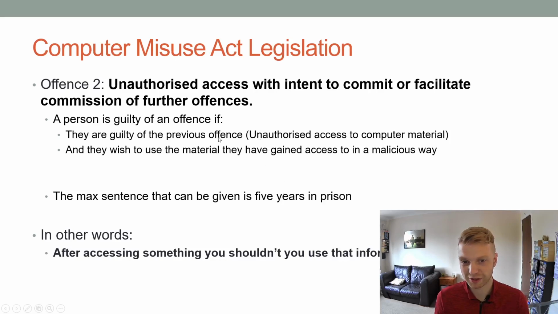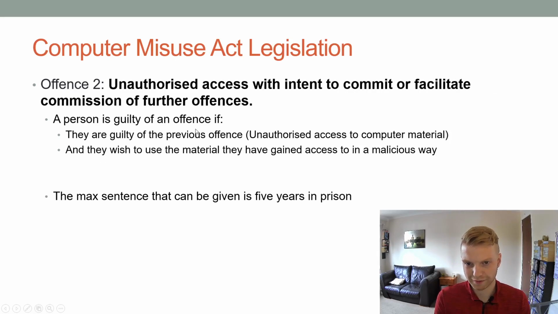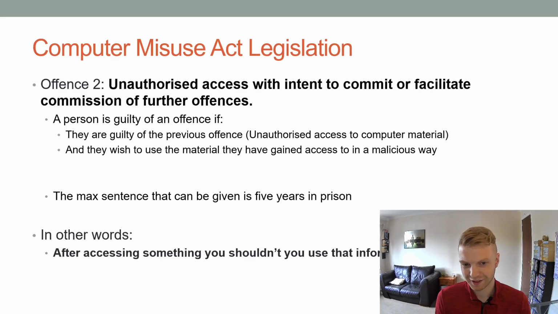You need to be guilty of offence 1 before you're guilty of offence 2. There are different layers of seriousness, and more years in prison as a result. The third one is that you've accessed it and seen that information to cause another crime.